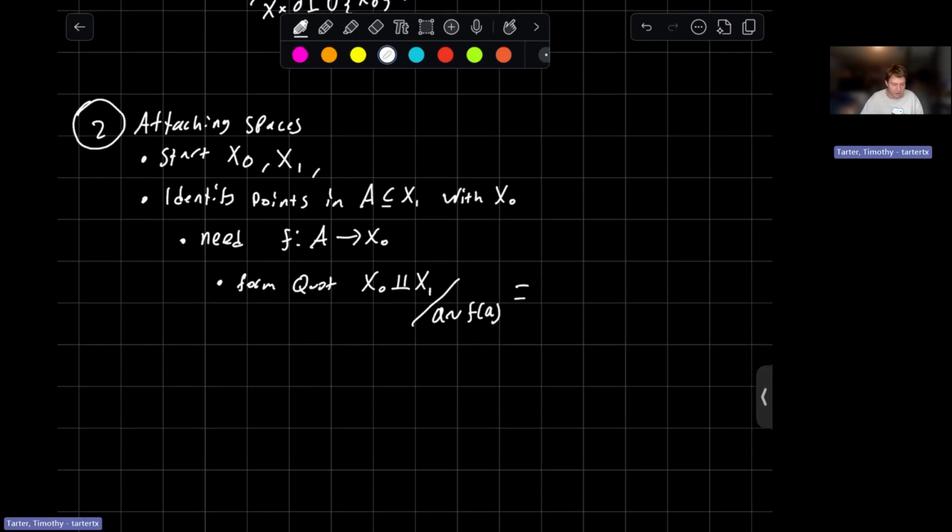And we're going to denote this X naught. I don't know what to call that. Basically, it just identifies points with their image.